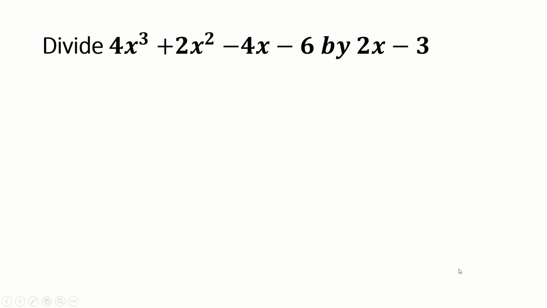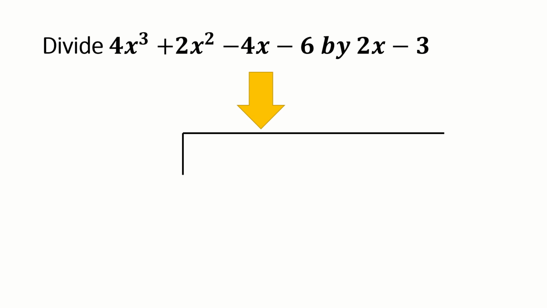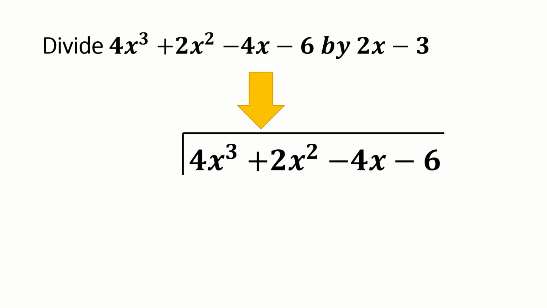So we have, nagsimula tayo sa x cubed, kasunod nga yung x squared, then x, and then the constant term. So upon checking, yung dividend naman natin ay kompleto ang terms at nakasunod-sunod na siya. So kapag nire-write natin to, this will be 4x cubed plus 2x squared minus 4x minus 6 divided by 2x minus 3.